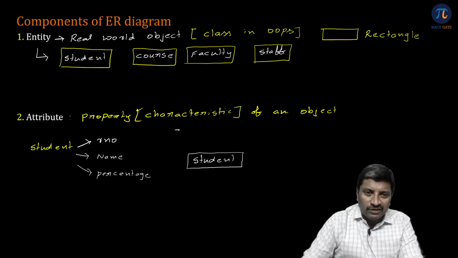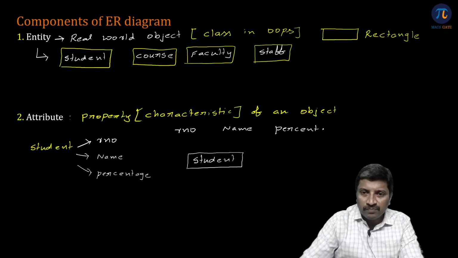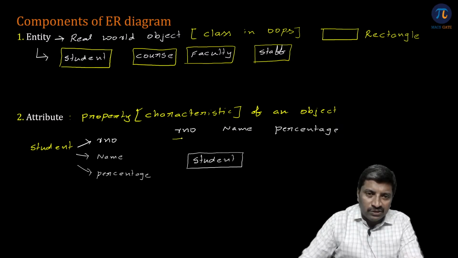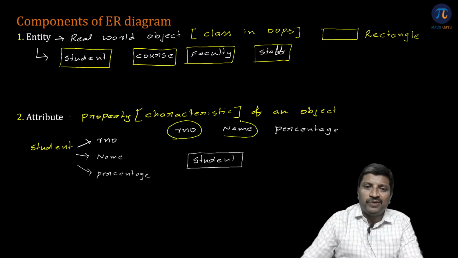You are considering roll number, name, percentage. In general, the attributes are denoted by ovals. Like this, we denote them by ovals.